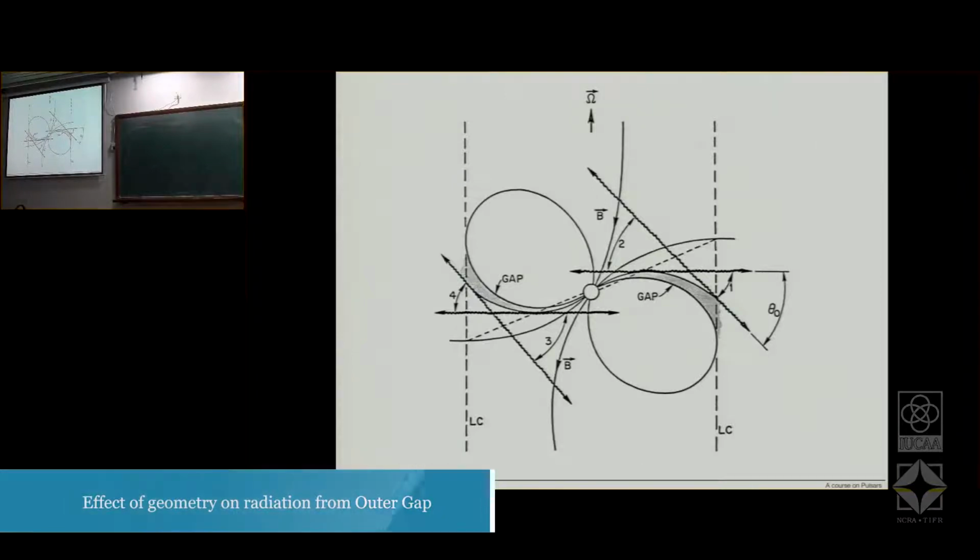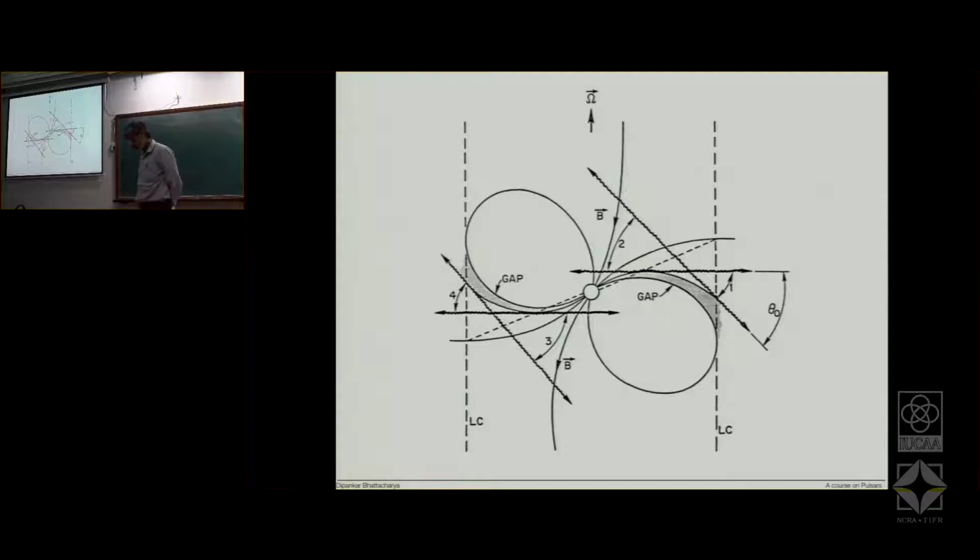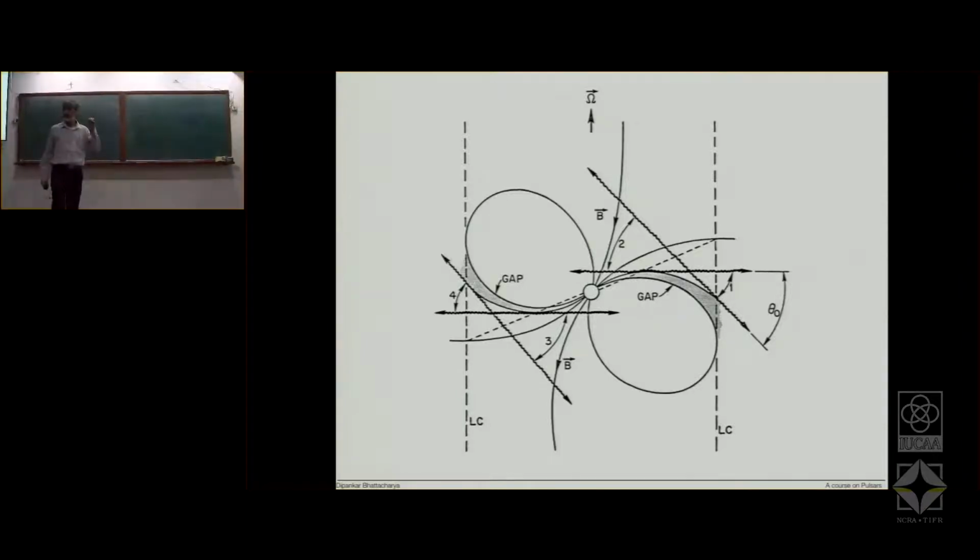Now there is an acceleration zone, which means that the number of actual charged particles there is relatively small compared to the Goldreich-Julian charge density. Or the net charge is smaller than the Goldreich-Julian charge density. So the number density of particles is a bit small.